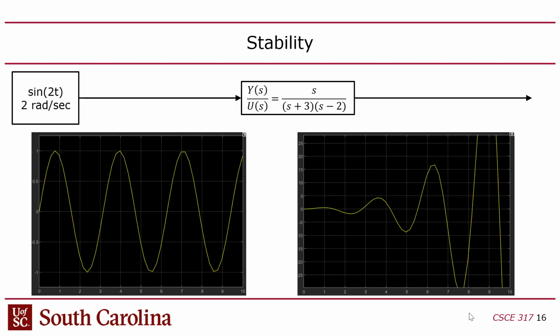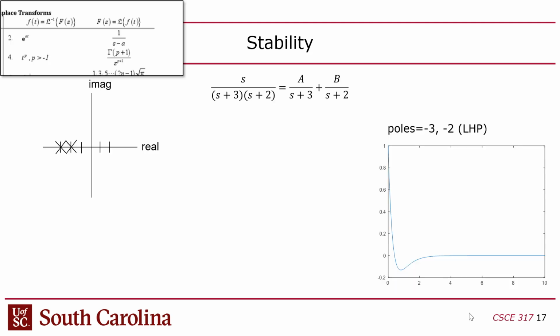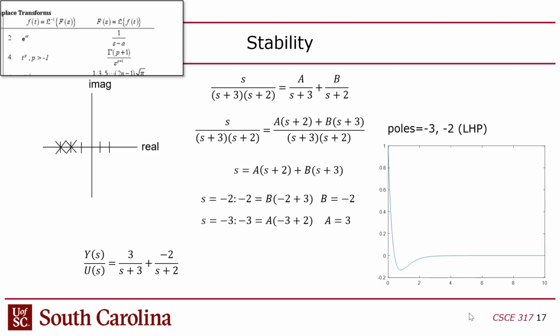So I gave another example last time, where this is the sine wave input. There was another example where I tweaked the transfer function just a little bit so I could make it stable by essentially changing the denominator so the roots are both negative.